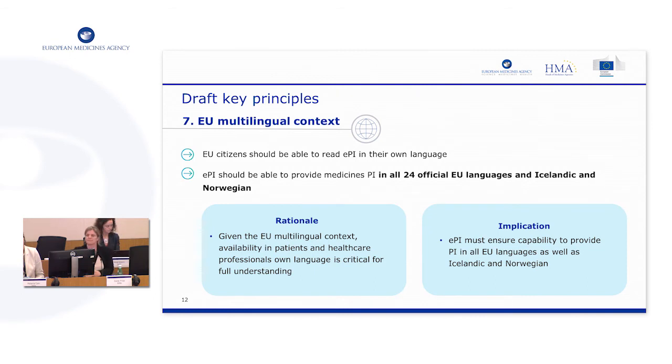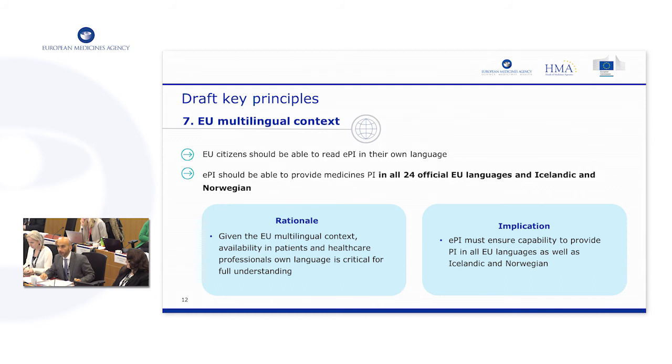I understand it's important to mention the multilingual aspect of EPI, but somehow I see a clear overlap of this number 7 with the previous one. We just said that the content of the EPI is the same as the current PI, and the current PI is multilingual.